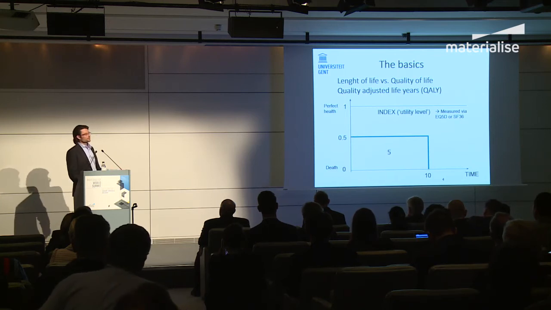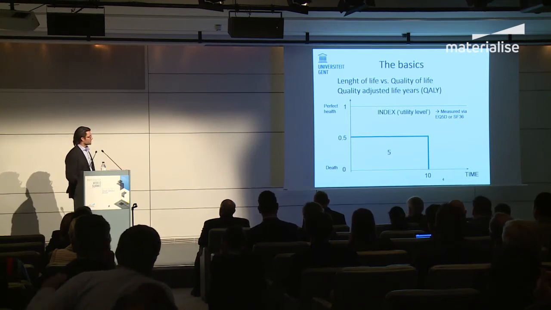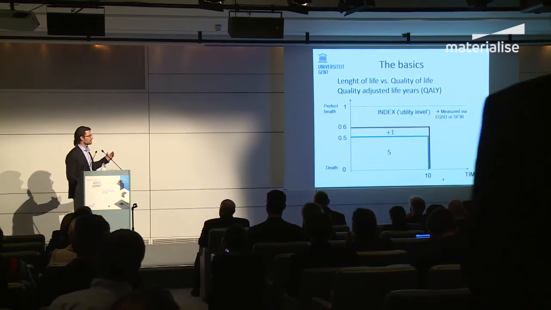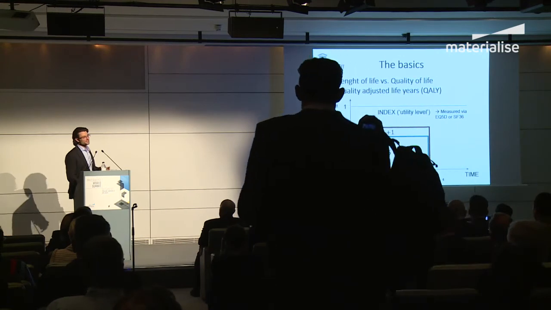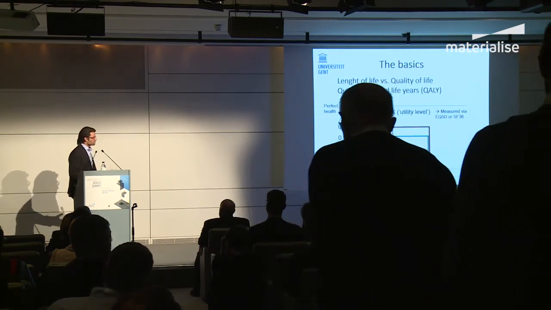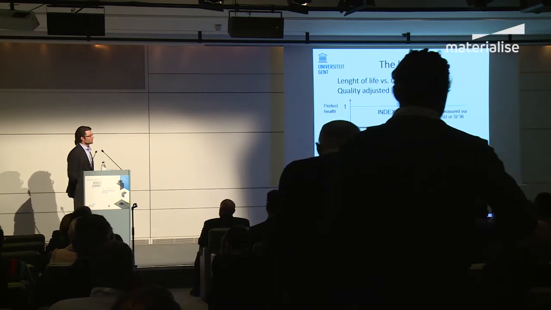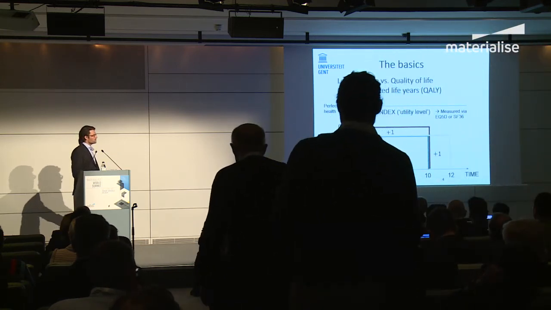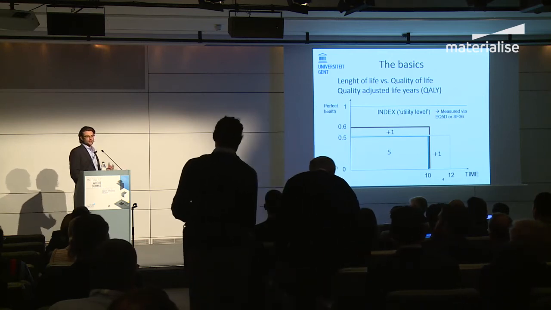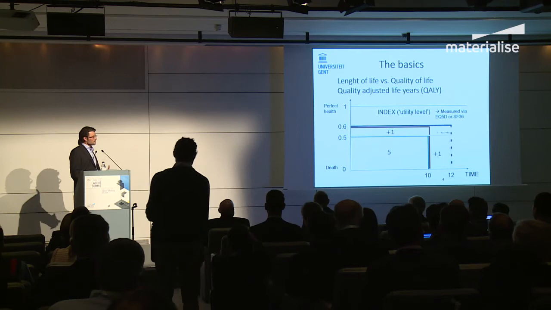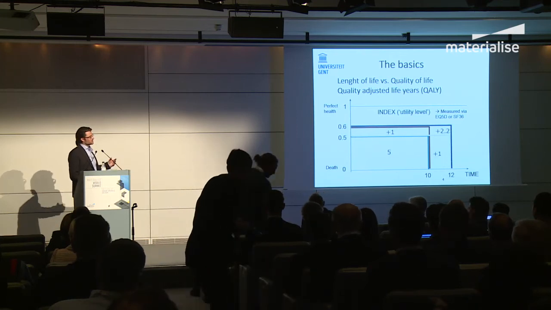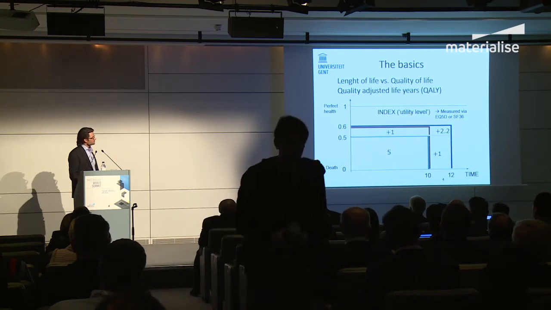So if we find some procedure that would raise the utility to 0.6, we would gain 1 QALY over these 10 years. Another procedure could add 2 years, but at the same level of utility. So there as well, we would have 1 additional QALY. Another technology might actually do both and generate 2.2 QALYs.